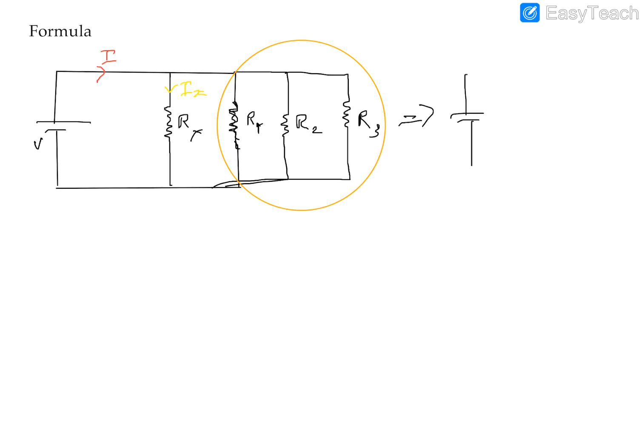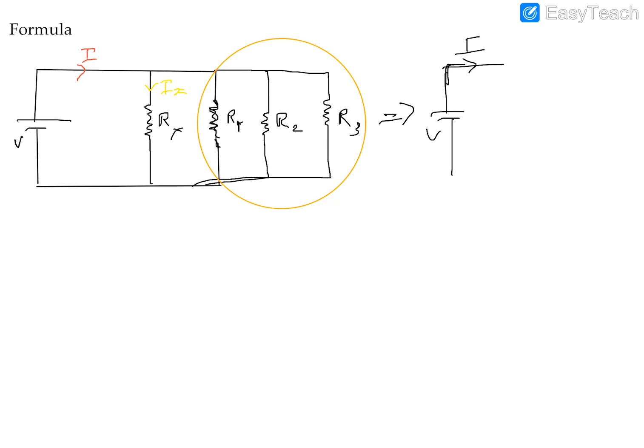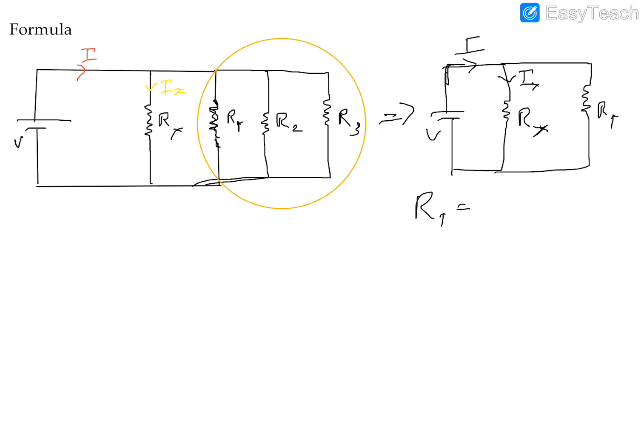I've got my voltage source V, I've got my current I that's flowing here, and these two need to be connected, and I've got my branch of interest, Rx, with the current that's flowing through it, Ix. And the other branch, I can simply find the equivalent resistance and call it RT, and RT is going to be R1 in parallel with R2 in parallel with R3.